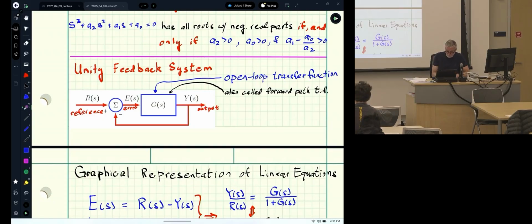It's understood that whatever comes in with the sign that you place next to the signal, those are added up. So in this case, it's R plus minus Y defining E. So E is R minus Y. And so the error, the difference between what you want the output to do and what it's doing, is what's driving the system.